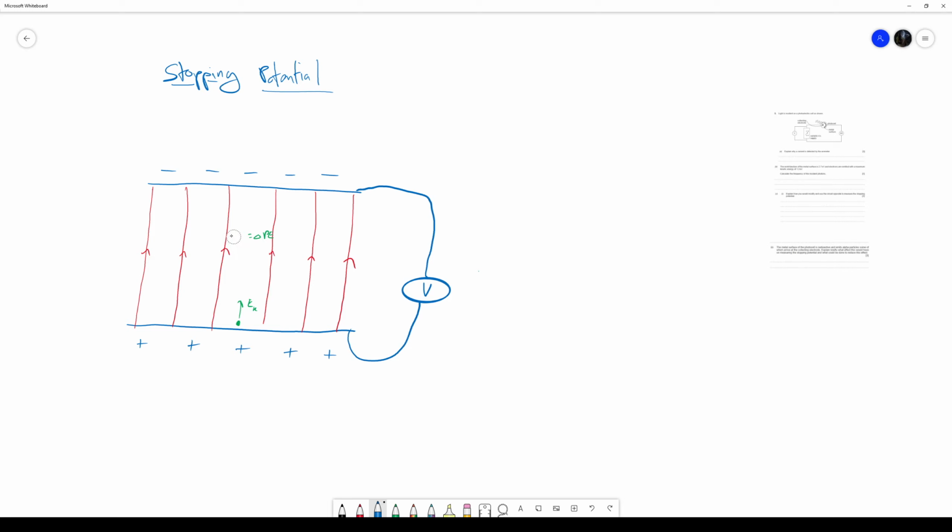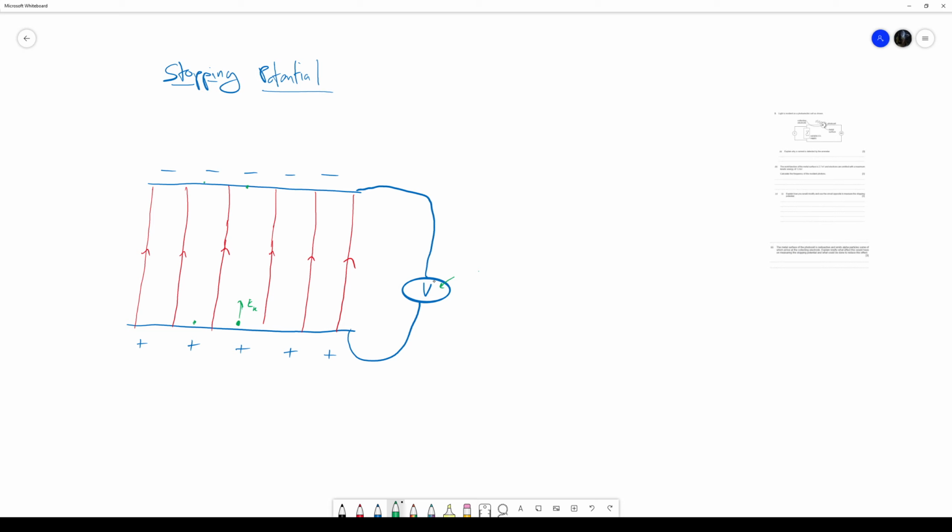Let's imagine that I give my electrons some kinetic energy, enough kinetic energy for them to make it the whole way across the gap. Let's say I'm giving some electrons this amount of kinetic energy and they're making it across and they're hitting the other side. What happens if I start increasing V?